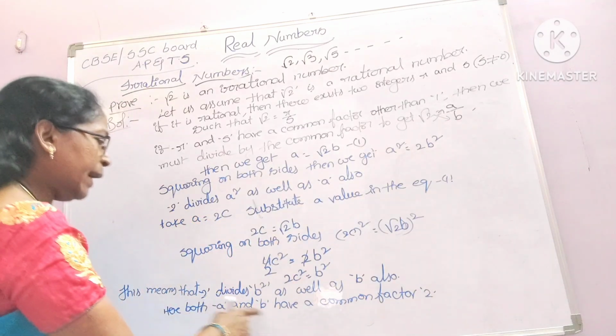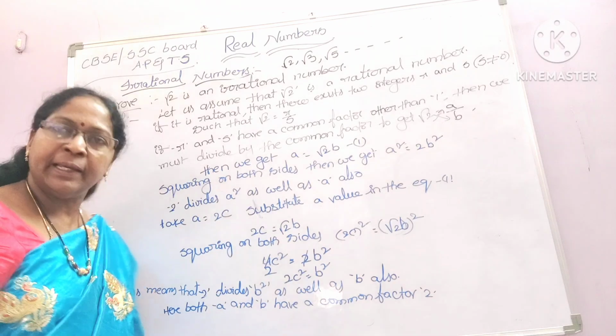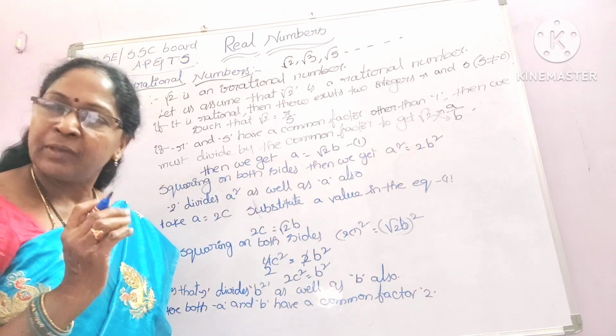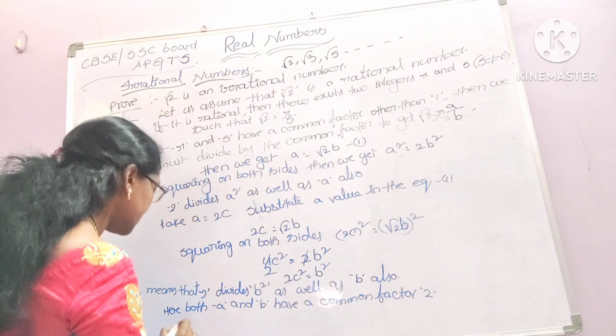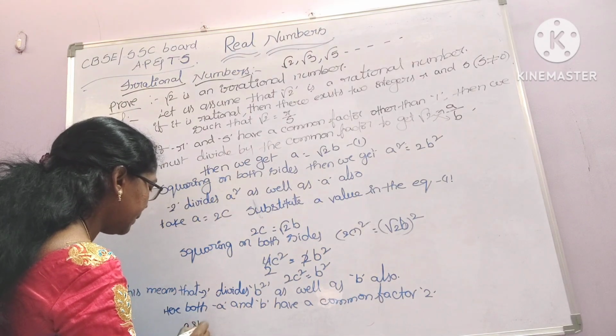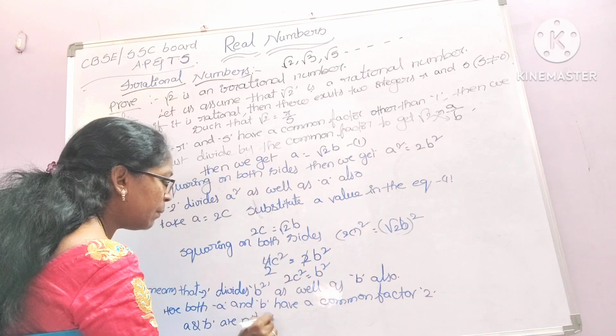Here a and b have a common factor 2. That means a and b have the common factor 2, which means these two are not co-prime numbers.